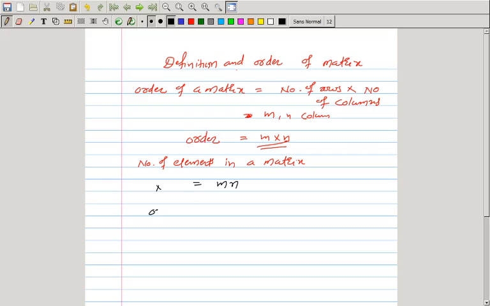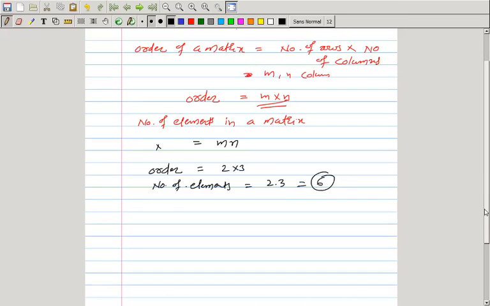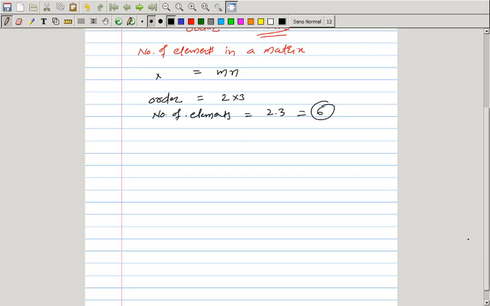If the order of a matrix is 2 cross 3, then the number of elements is 2 into 3, that is 6, right? So this is how we get the number of elements in a matrix when I know the order of a matrix, or given the number of elements, I can obtain all the possible orders of a matrix.